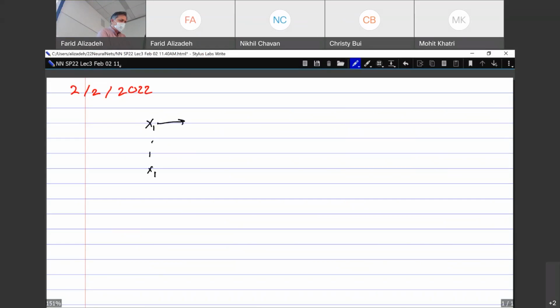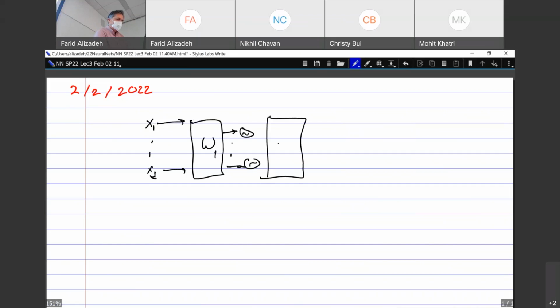You have a bunch of inputs, okay? And then remember, we go through some matrix and then some nonlinear activation function, okay? And that's basically sequential.